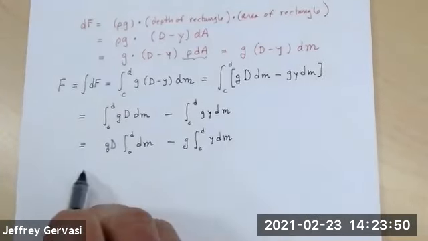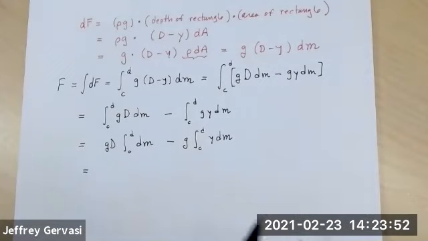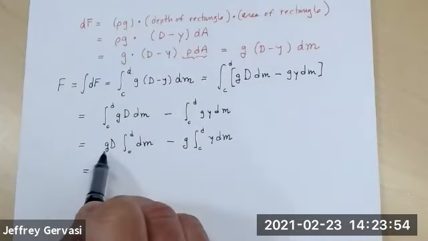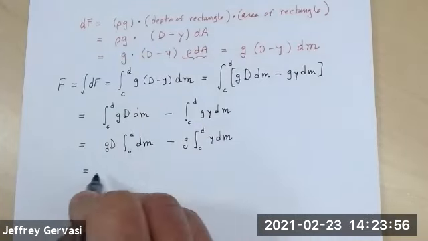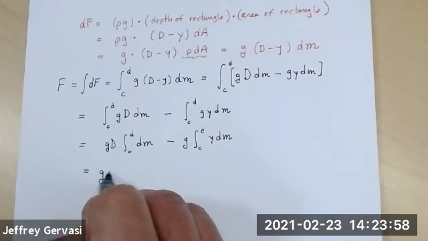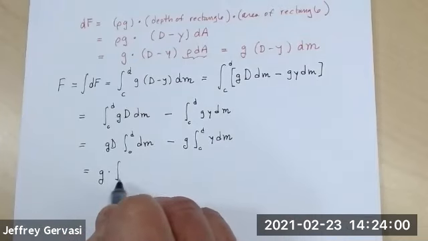Then what I'll do is, again, it's all algebra now, gang, no calculus, all algebra. I'm going to factor out the g from both terms, and I'm also going to factor out an integral, this integral.